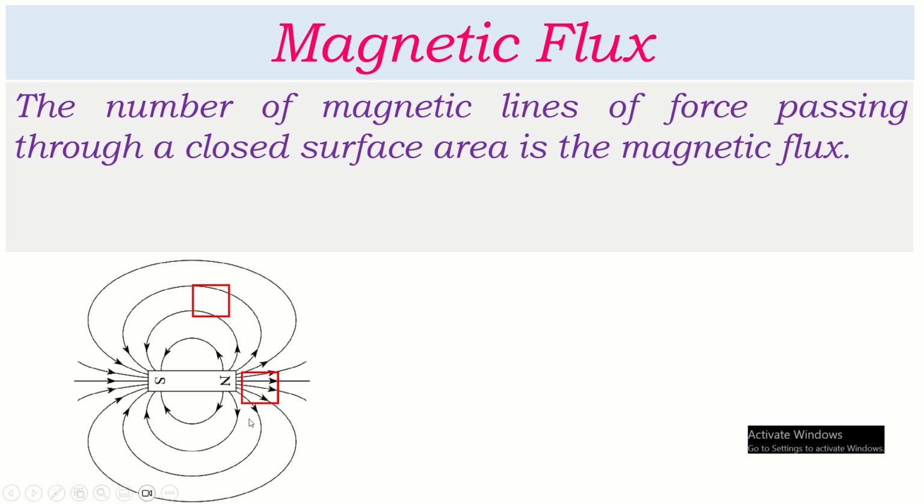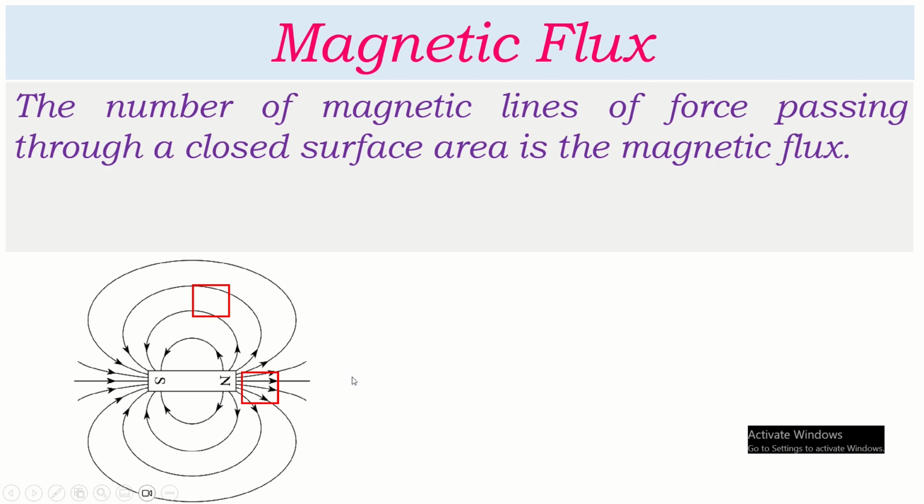The number of magnetic lines of force passing through the same area is more if the area is nearby the north pole of the magnet, but the number of magnetic lines of force passing through the same area will be less if the area is taken to this place. It means the magnetic flux at this place is more, but the magnetic flux at this place is less.